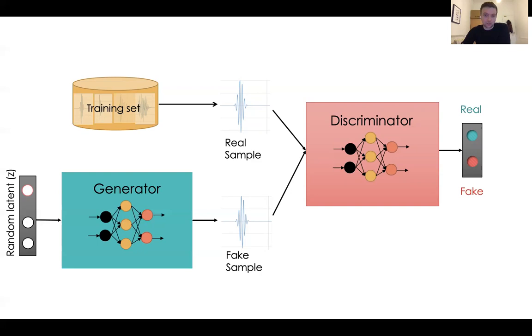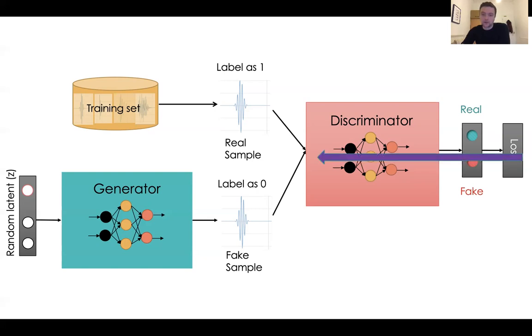And let's say we label the real samples as 1 and the fake samples as 0. The discriminator then makes a prediction on that, and we can then compare it to what the label is. After that we have the comparison that can calculate a loss. And in normal machine learning tradition, you then backpropagate that loss through the neural network, and that will update what's known as the weights, and that will make the discriminator better at classifying.